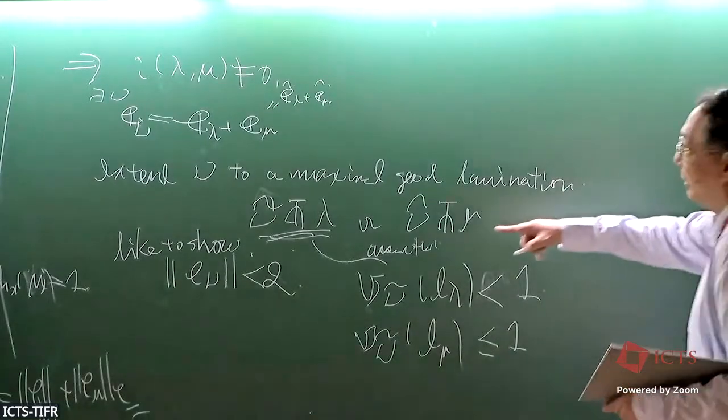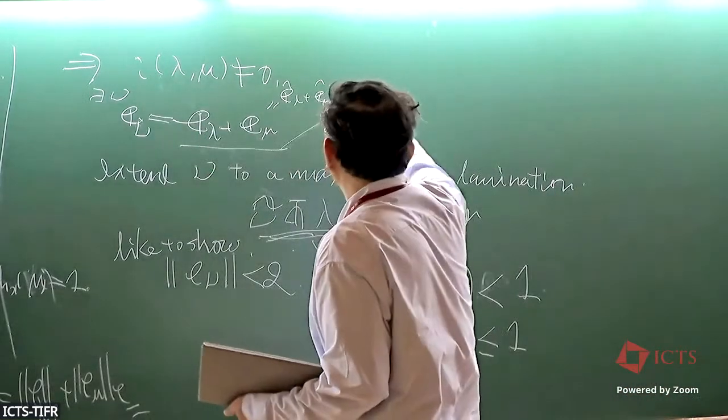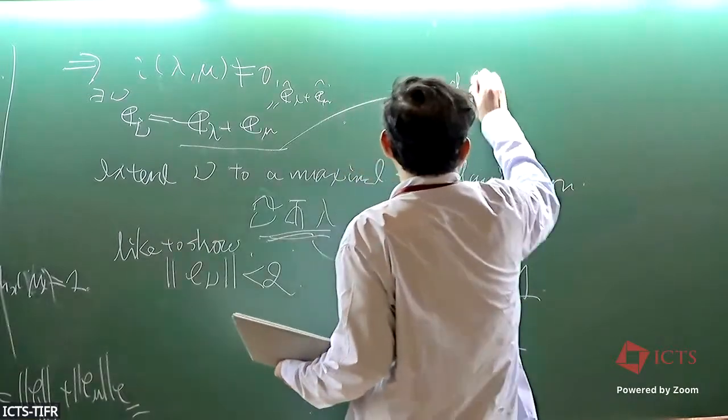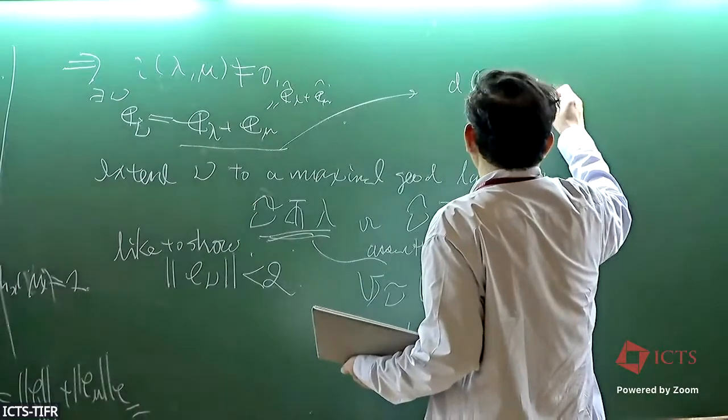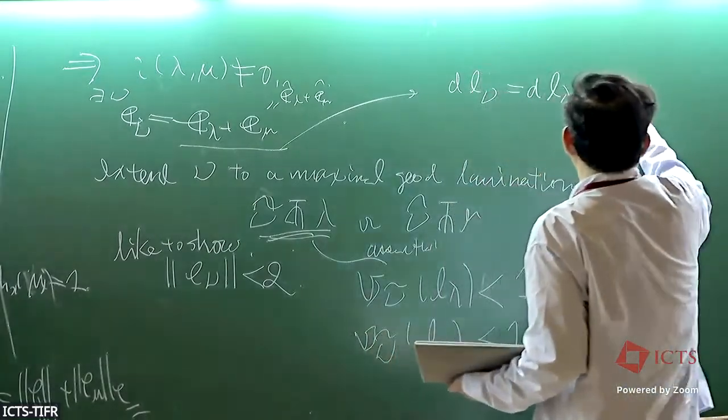So because of that, taking the dual, dl nu is equal to dl lambda plus dl mu.